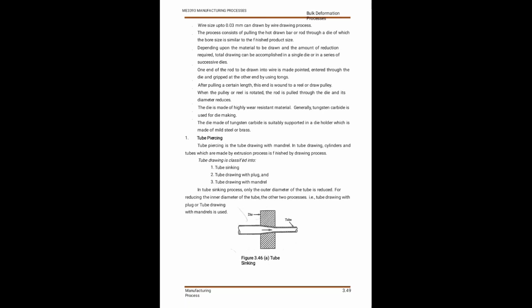And tube drawing has three types: tube sinking, tube drawing with plug, and tube drawing without plug. First, the tube is moved through the die gap and reduces the internal as well as external diameter of the tube. That is the tube sinking process.